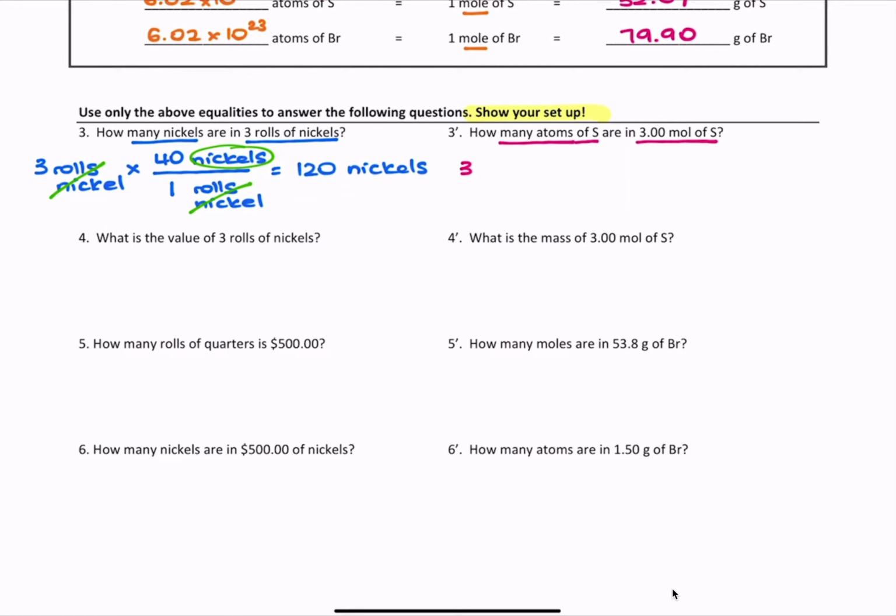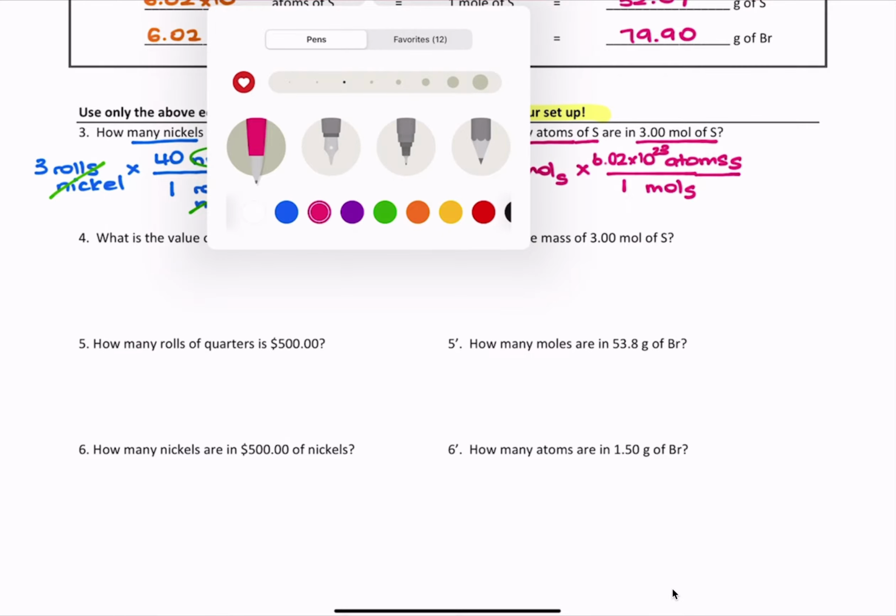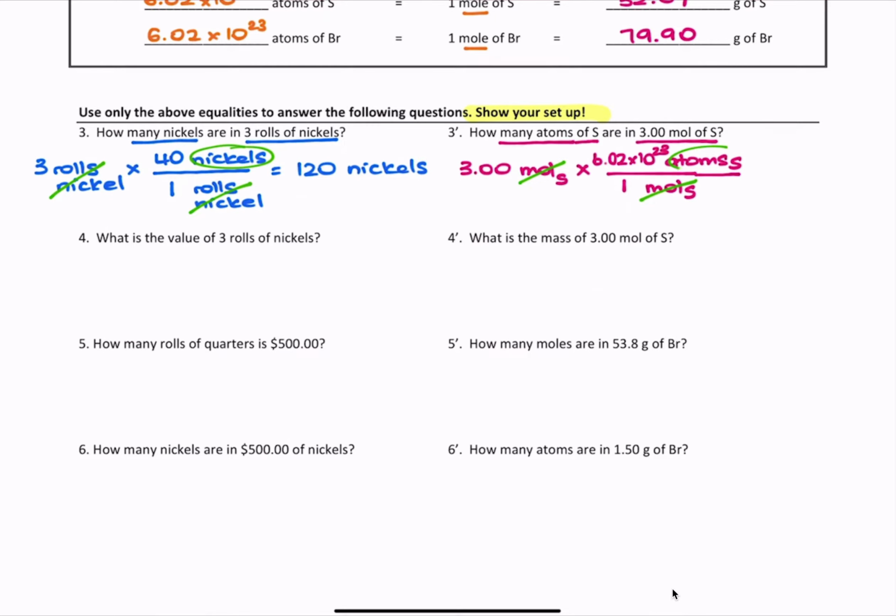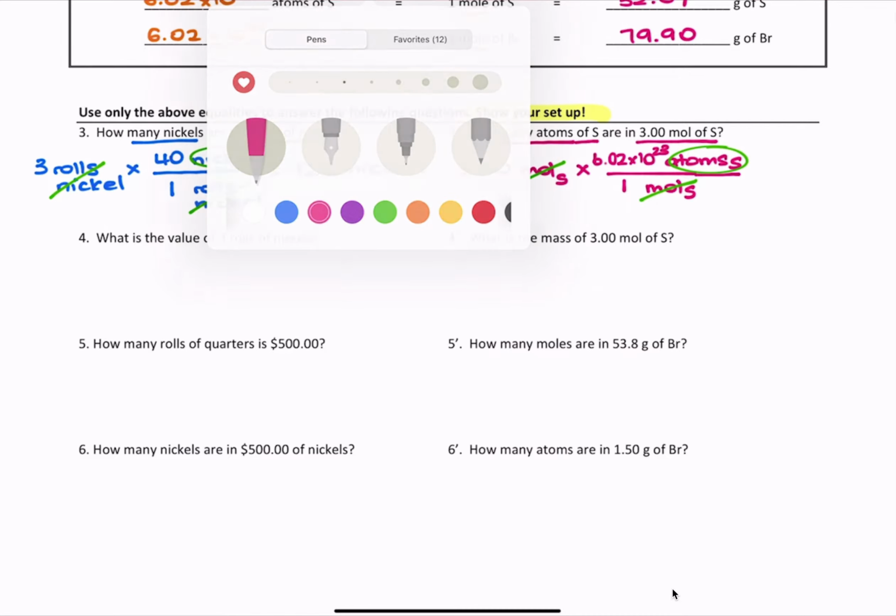Where the given is 3.00 mole of S. We want to cancel the mole of S and convert into atoms of S. Per definition, Avogadro's number, which is the counting unit, 1 mole consists of 6.02 times 10 to the 23rd. Take a look. My mole cancel, and I'm left with atom of sulfur.